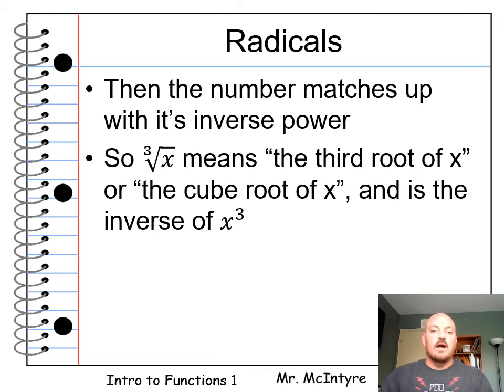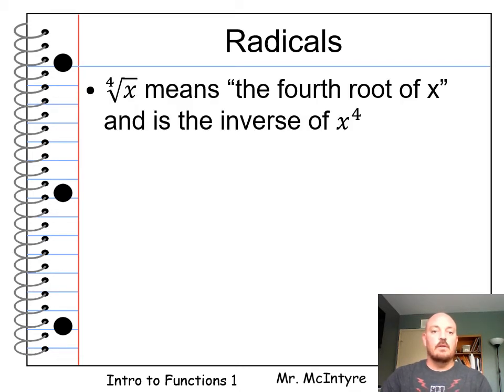So the cube root of x, or you could say the third root of x, is the inverse of x to the third power. The fourth root of x is the inverse of x to the fourth. And I'm just going to put this dot, dot, dot in the notes because you can see the pattern. The fifth root of x is the inverse of x to the fifth. The 10th root of x is the inverse of x to the 10th, and so on.